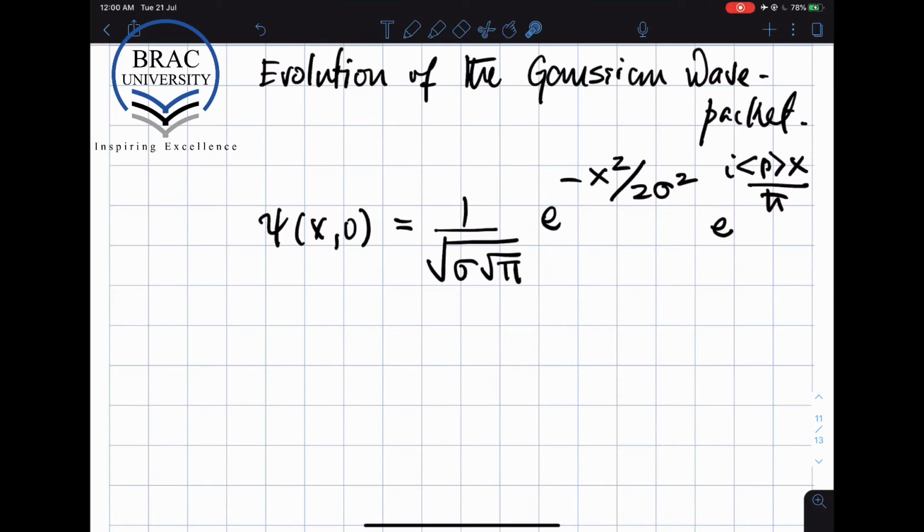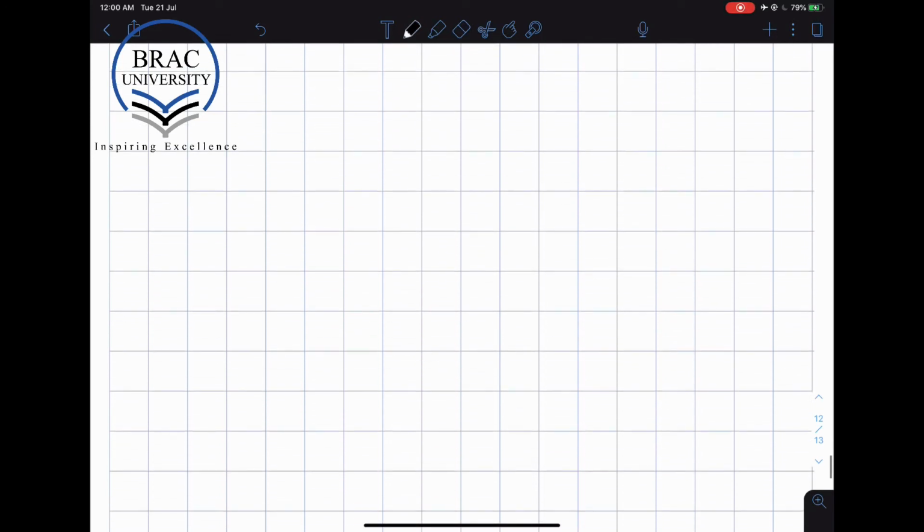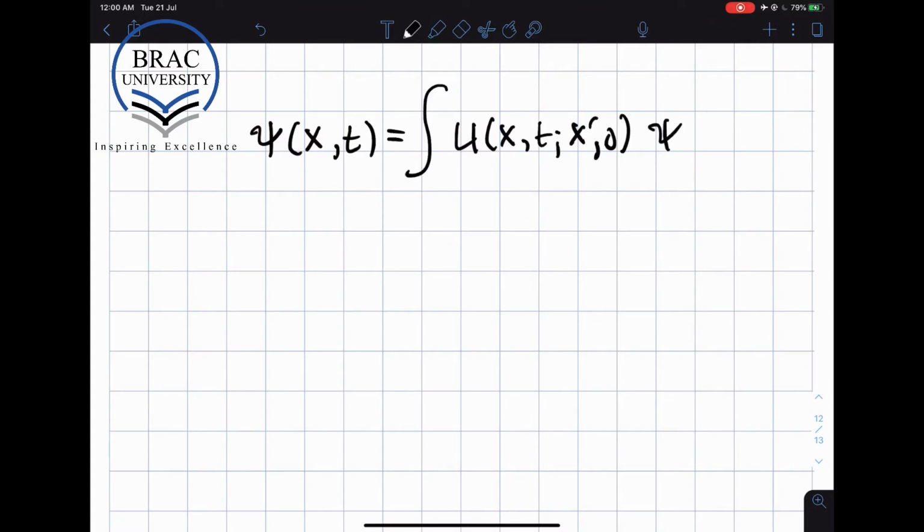So now the question is, how do we predict the future of this wave function? We are assuming that our particle is a free particle. So then the general formula is that the wave function of a free particle at time t is given by our time evolution operator with these arguments applied to the wave function at an earlier time and integrated over all of space.